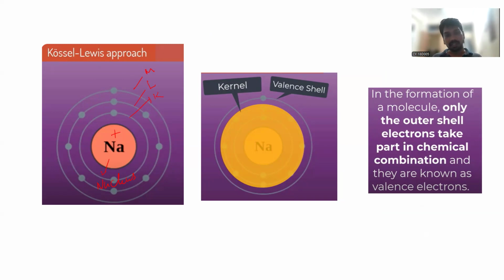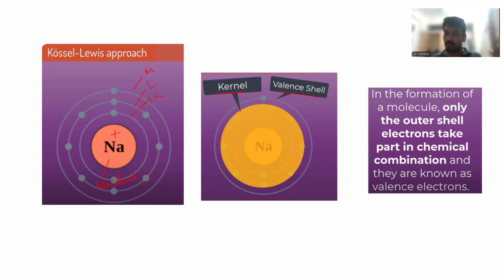According to him, this positive nucleus, along with the penultimate, meaning the previous, completely filled shells, he called it the kernel. And the last shell of the atom is called the valence shell.